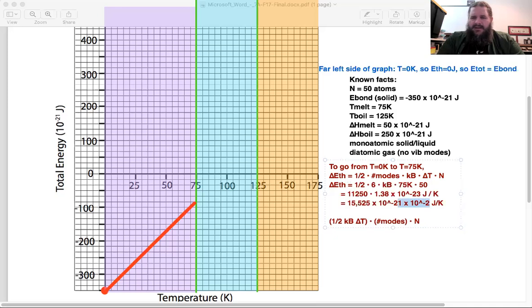If I combine the 10 to the negative 2 over here, that's just going to shift the decimal point. So 15525, shift the decimal point over 2 spaces, times 10 to the negative 21. So 155 times 10 to the negative 21 joules. Oh, and the kelvins cancel out also. Forgot about that because I've got kelvins in the temperature.